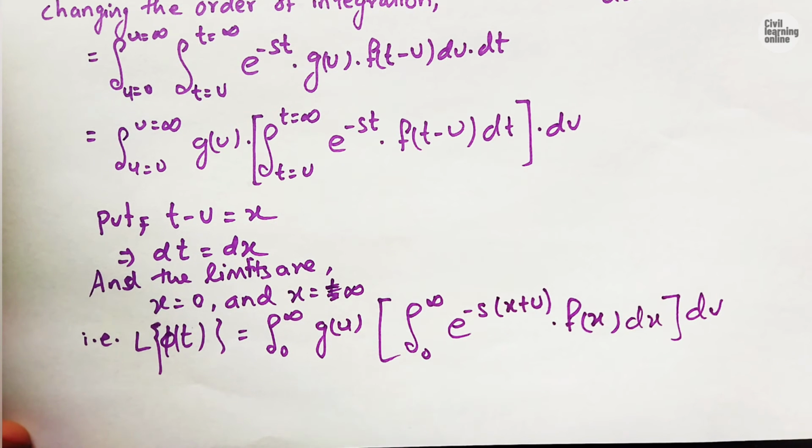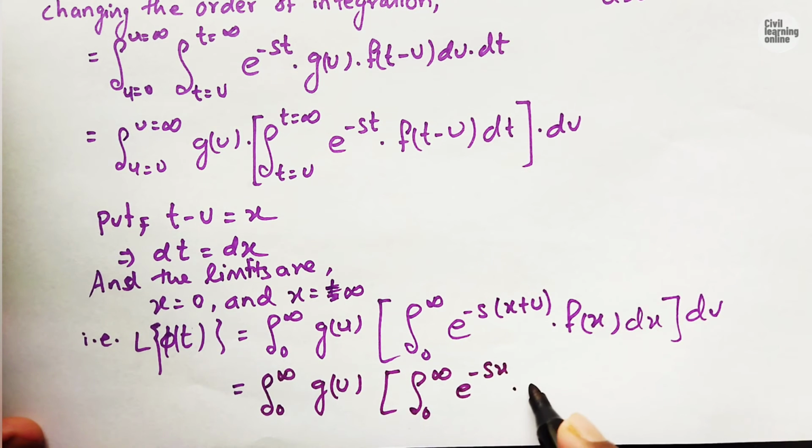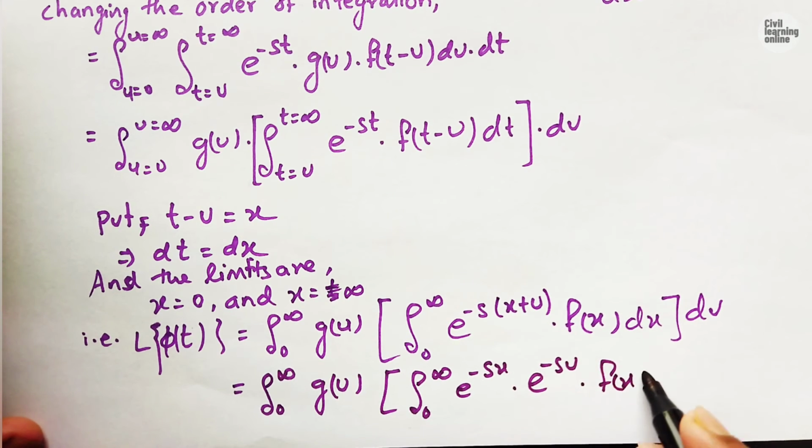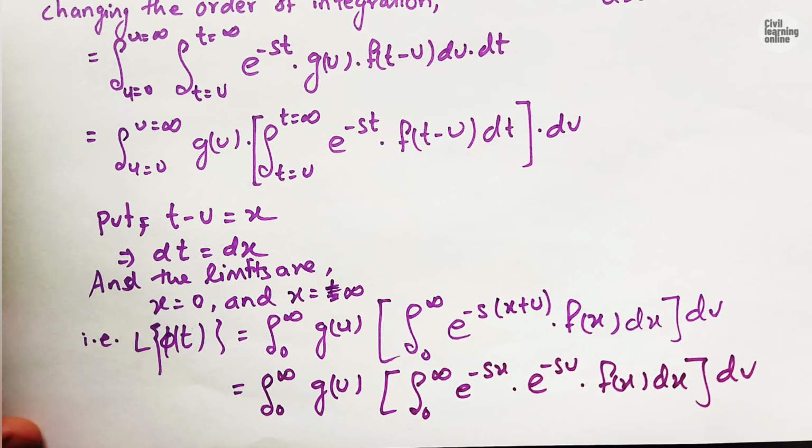So let's separate this exponential expression, that is integration 0 to infinity g u times integration of 0 to infinity e to the power minus s x times e to the power minus s u times f x dx and du. Now a few more steps remain.